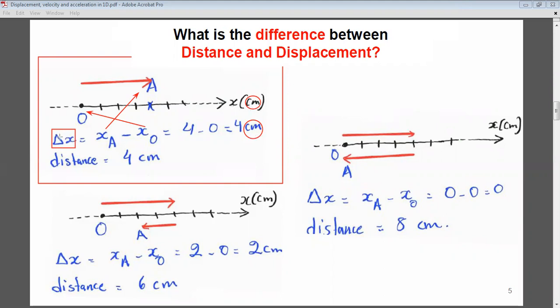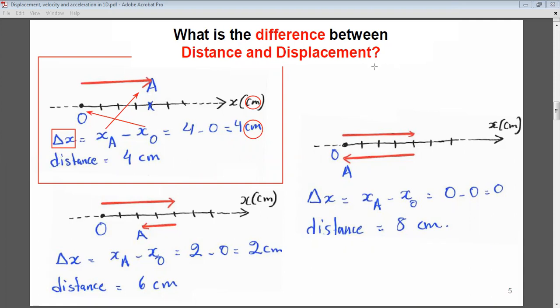Now, how much is the total distance covered by this object that moved from O to A? It covered 4 centimeters. So in this particular example, displacement and distance are the same.